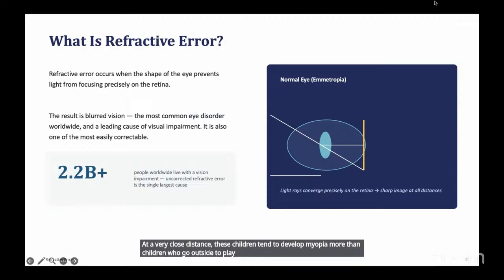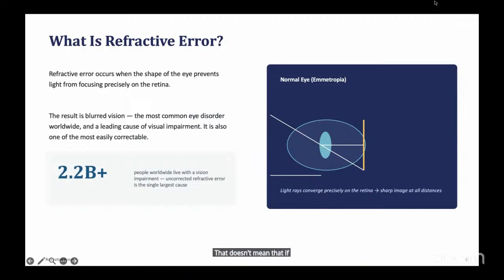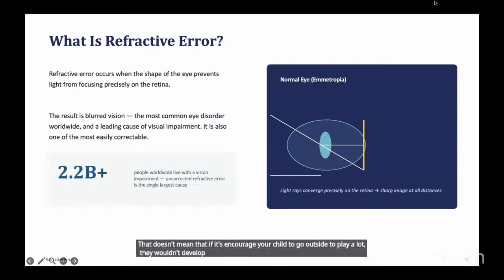That doesn't mean that if you encourage your child to go outside to play a lot, they wouldn't develop myopia. There's also a genetic factor: if, let's say, one of two parents has myopia, there's a tendency of the child also developing myopia.